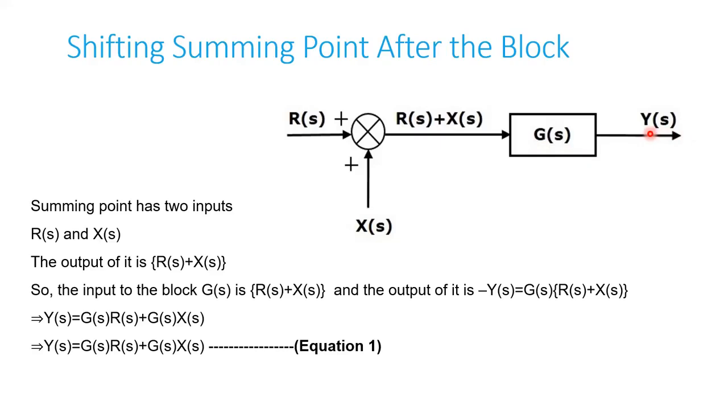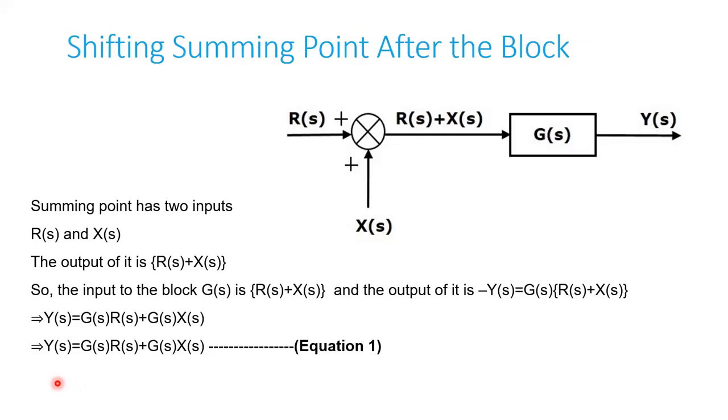All of you know the formula for output: it is the gain, or transfer function, multiplied by the input. So (R(s) plus X(s)) multiplied by G(s) equals Y(s). This is equation number 1.